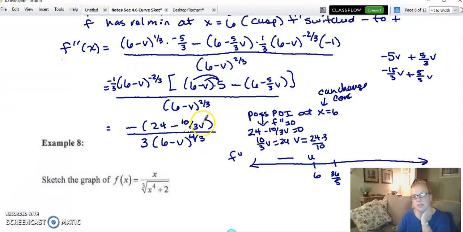And if I put 6 in here, this would be positive, but if I do like 6.1 or something like that, I think it's going to still be positive because we're still really close to it.